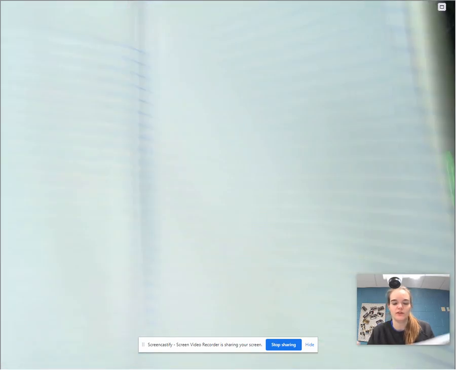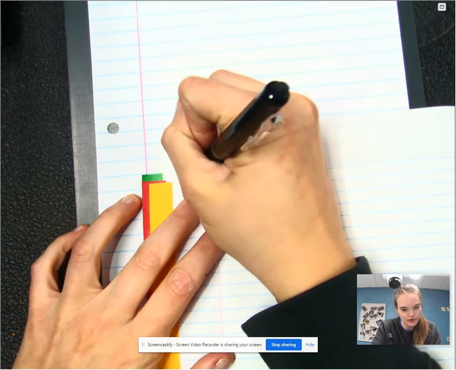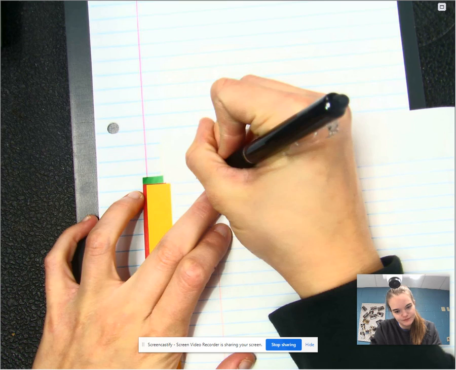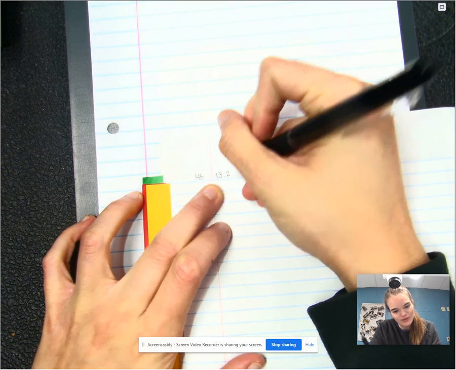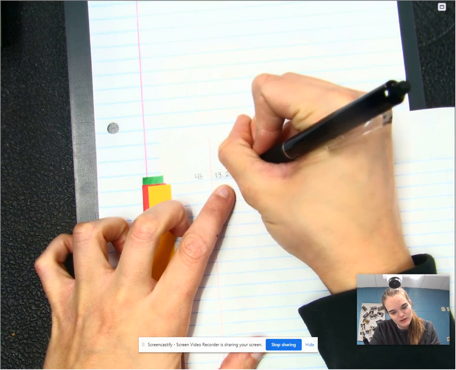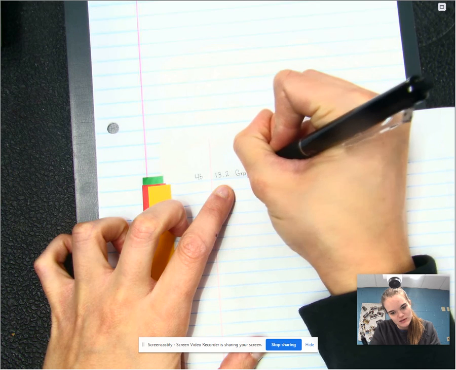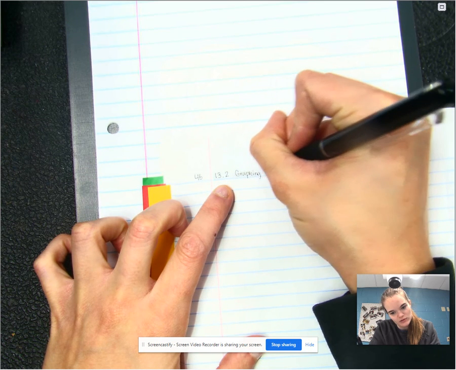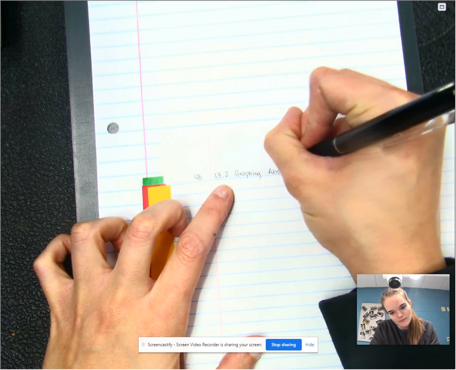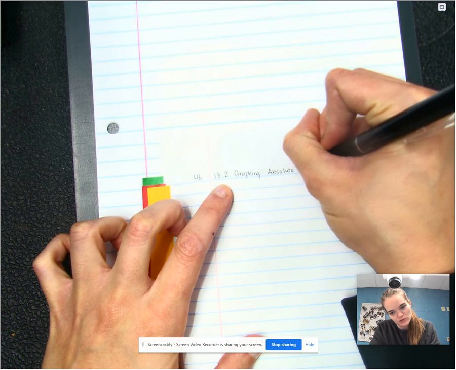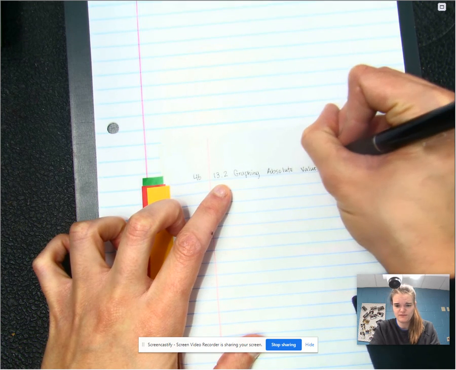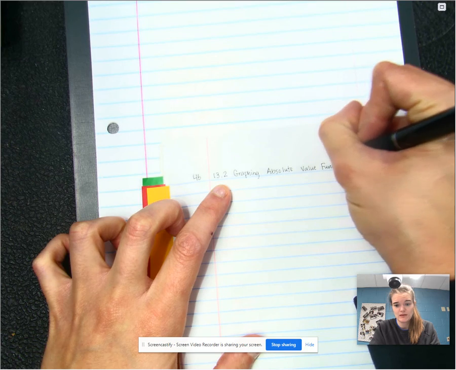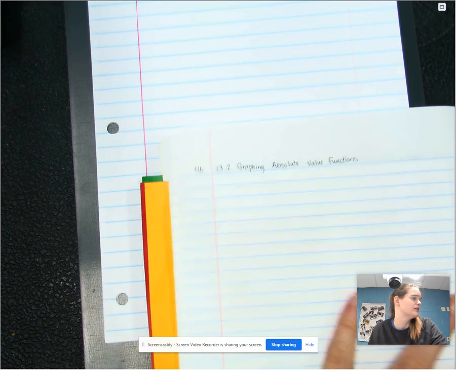So on 46 and 47, you can go ahead and label it 13.2, graphing absolute value functions. And we're going to do that today and tomorrow.